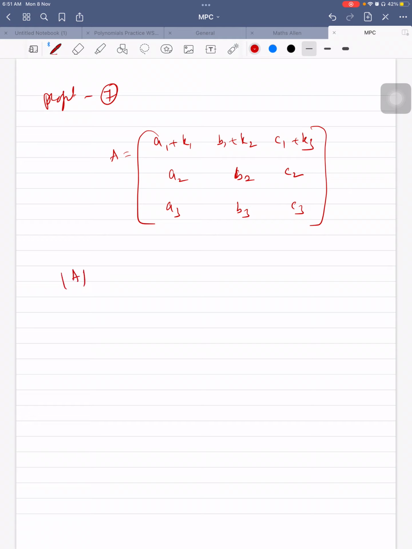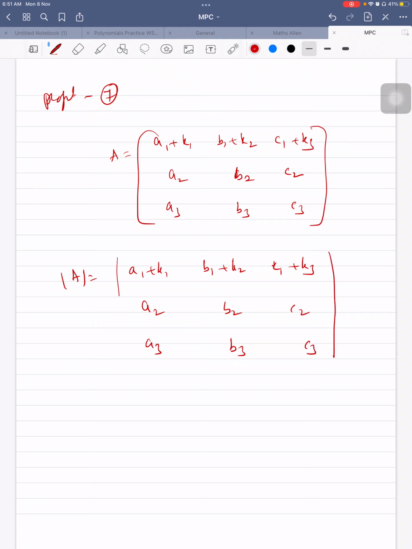Let the determinant of A be A1 plus K1, B1 plus K2, C1 plus K3, A2, B2, C2, A3, B3, C3.